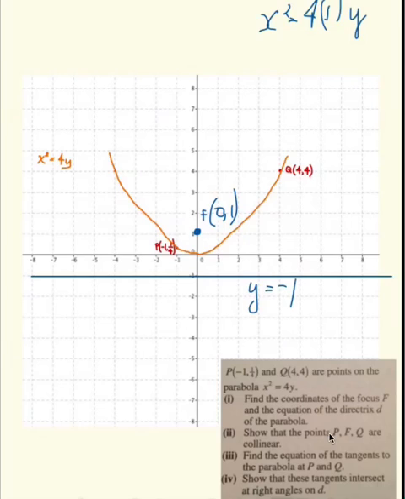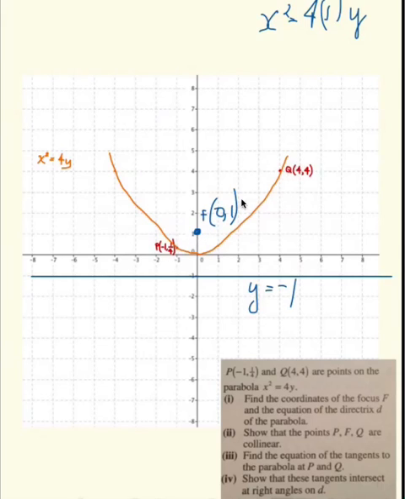Right, so we're interpreting this information. I'm not going to do the whole working of this question. Show that the points P, F, and Q. Now, where's P? We go back down here. There's P, F, Q. So we're trying to prove that these things are collinear. Collinear means on the same line. How do you show things are on the same line? Well, first of all, we treat them as FP and FQ separately.